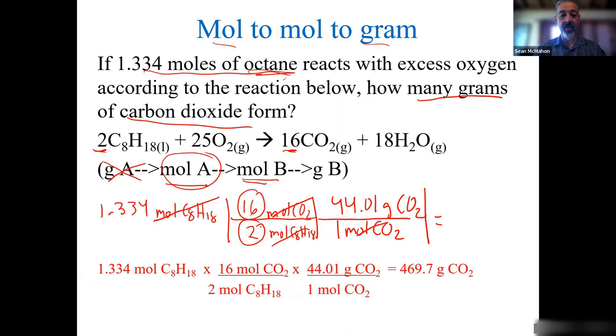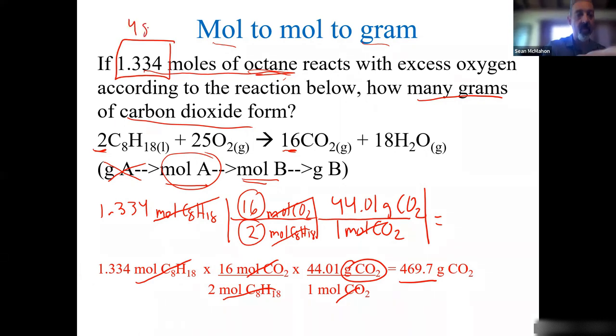When I do that, I'm canceling out the moles of C8H18 and the moles of CO2, and I'm left with grams of CO2. And I have 4 sig figs because that's what I initially started with, 4 sig figs. So that's mole to gram.